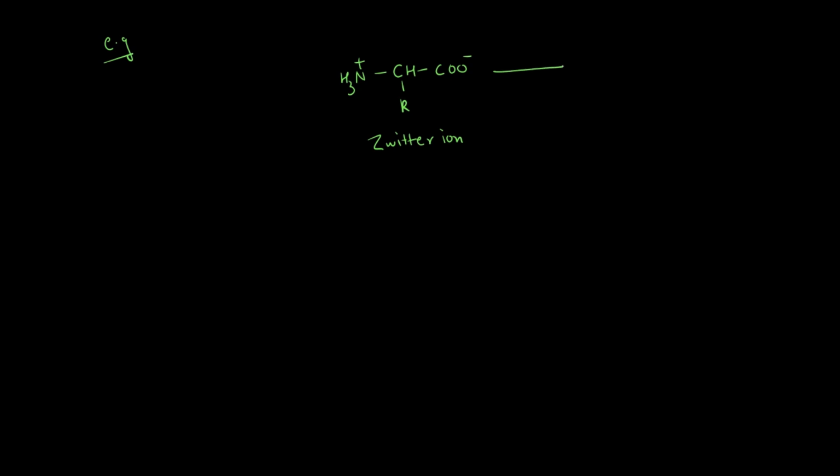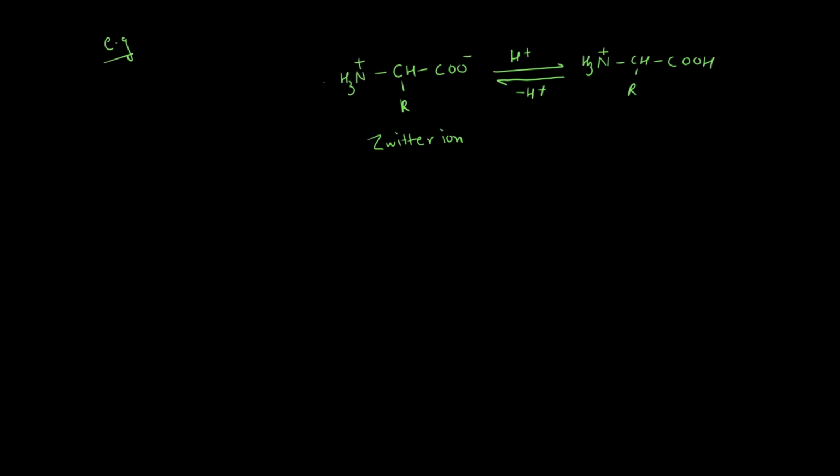So this ion can accept a proton and can form this species, CHR and COOH. Now this species can lose a proton and again we can get the zwitterion.